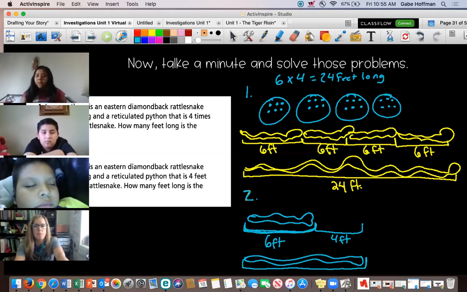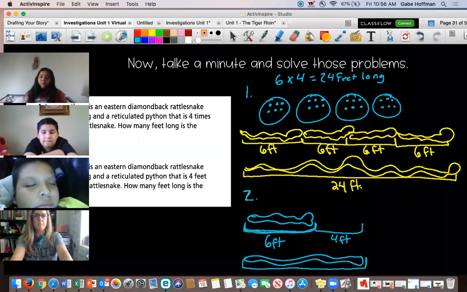This is what happens. We have been doing multiplication so much lately that we get stuck in this world of multiplication. And we think, I see that number 6 and I see that number 4 and I have to multiply. But if it's 4 feet longer, we have that. Look at our first drawing. The first drawing shows us a python that is 4 times longer. There's 4 of the rattlesnake.